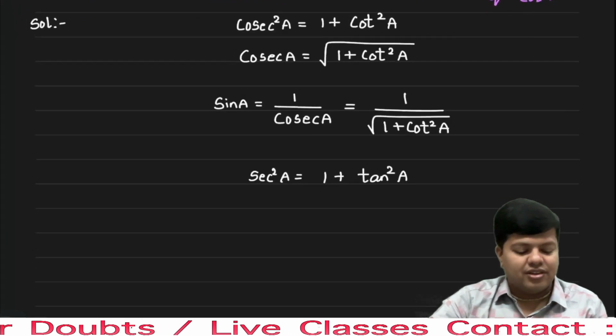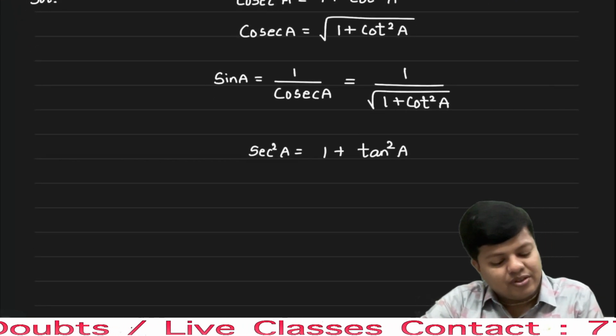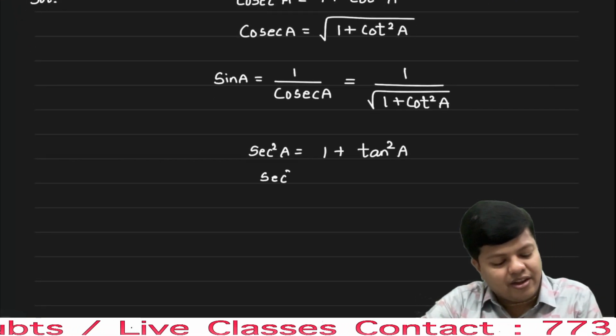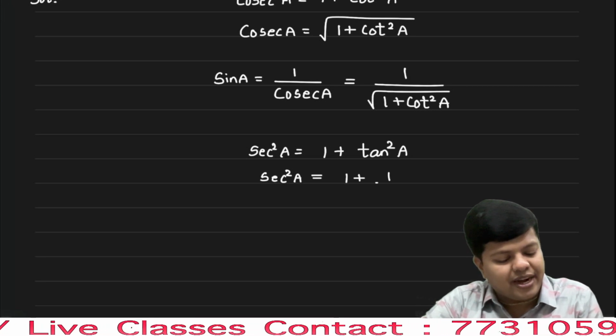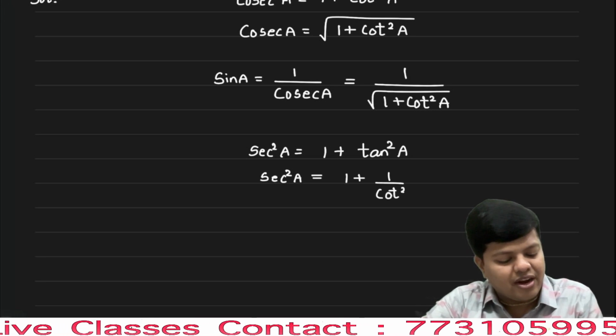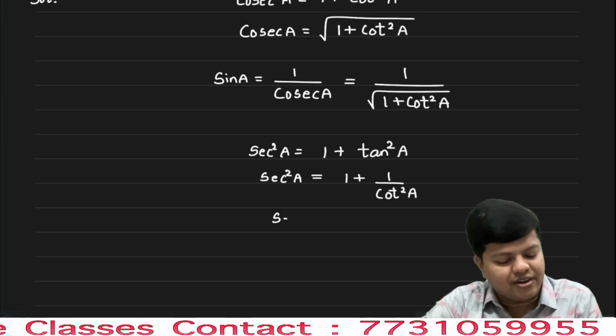Okay, sir. Now secant square A is equal to 1 plus tan square A, we can write as 1 by cot square A. And now we can take LCM on right hand side.